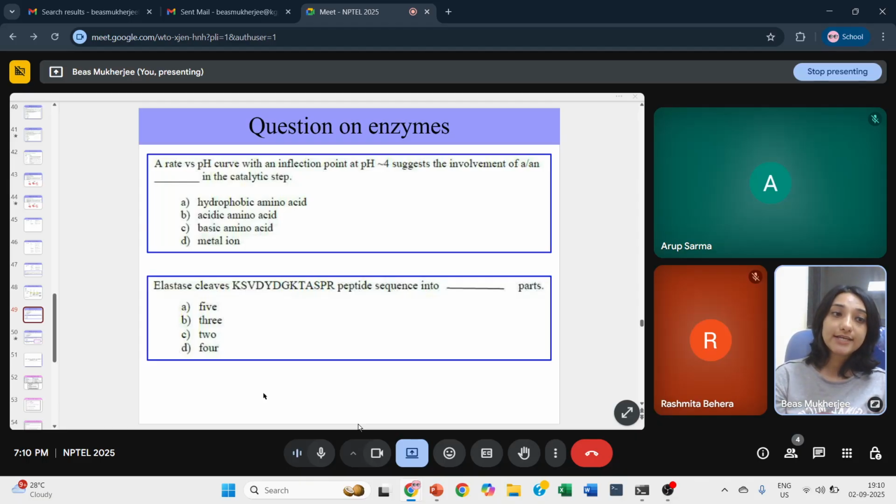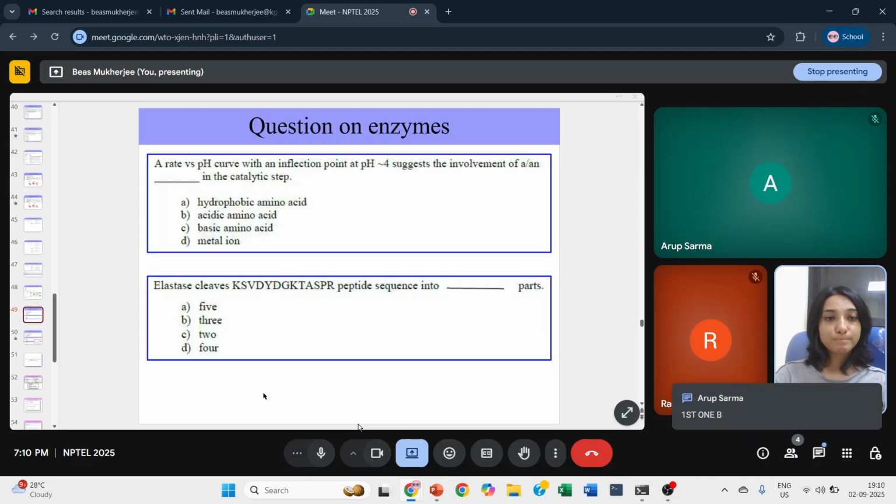Next, the question says this particular sequence is given to you. Where do you think elastase is going to cleave? First one is B. Alright.